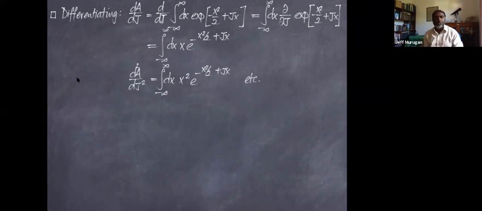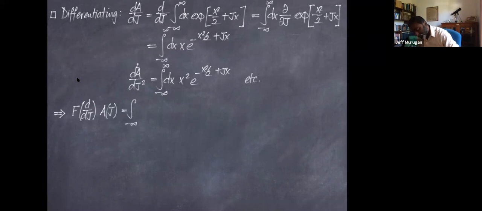Well, it's not hard to see then, just following this logic, that any function of the derivative operator acting on A of j must equal the same function of x times the exponential minus x squared over 2 plus jx.